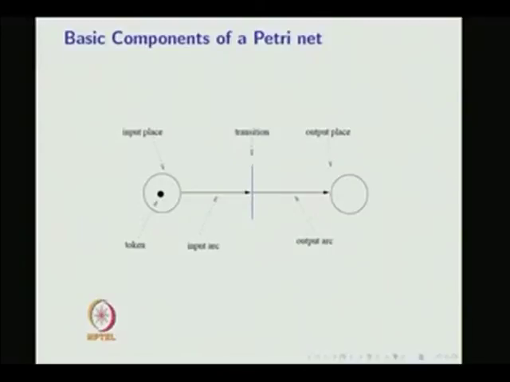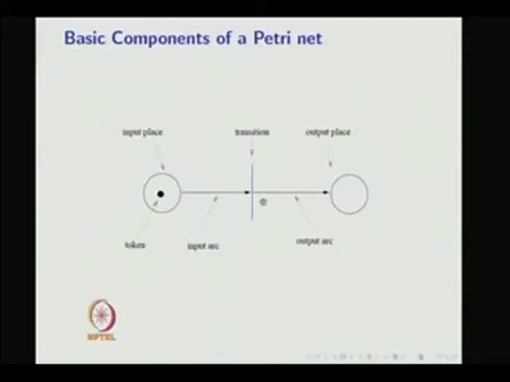See this diagram. Here are the basic components of a Petri net. This is called the input place, and this arc is called the input arc because the arc is connecting from the place to the transition, and this bar is called a transition.